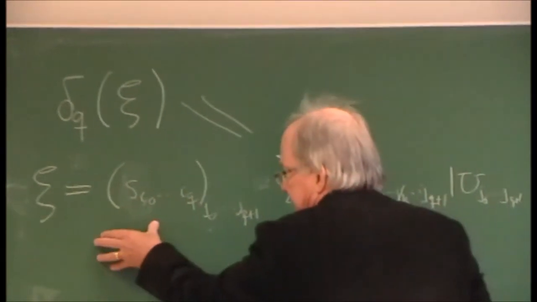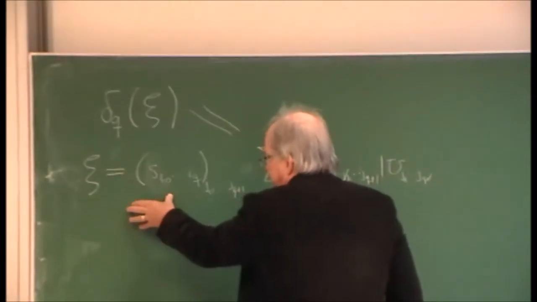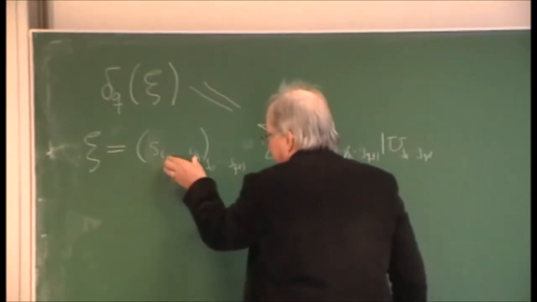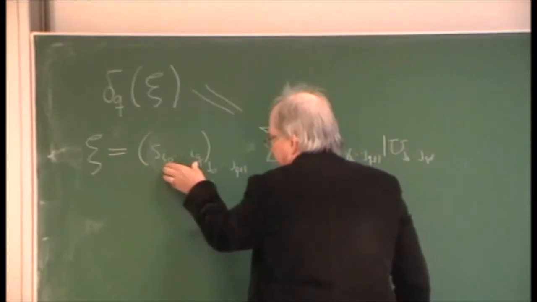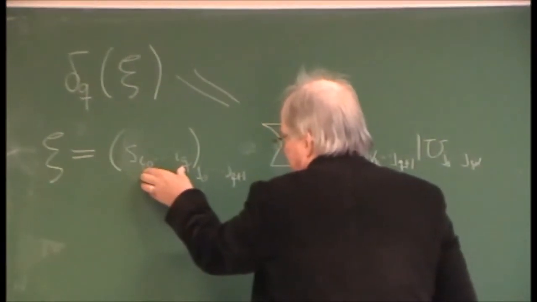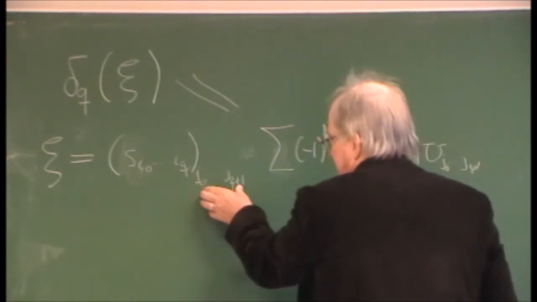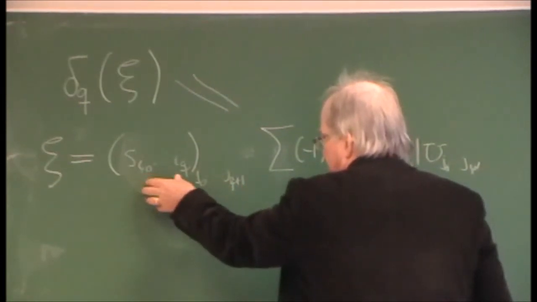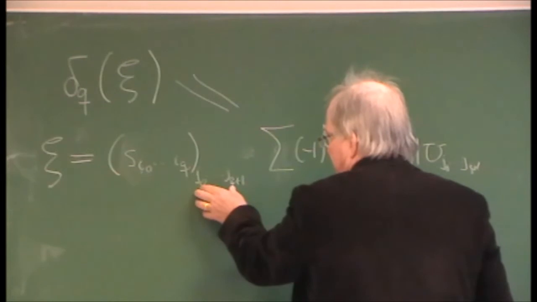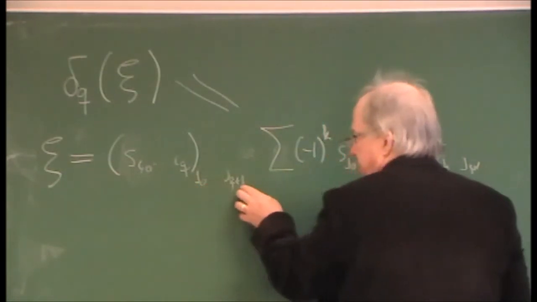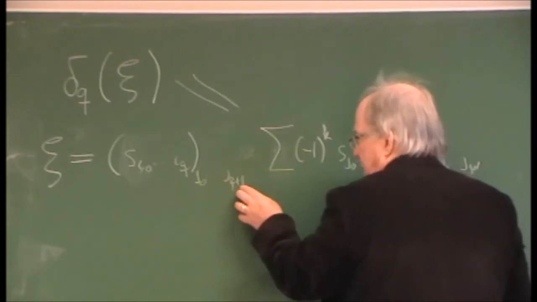So this is the cochain at the qth level. To every intersection, you have a section. And now I've got to get something to every intersection, so this is running over all these indices. Now I have to find out what happens at a precisely given intersection j0 through j(q+1).